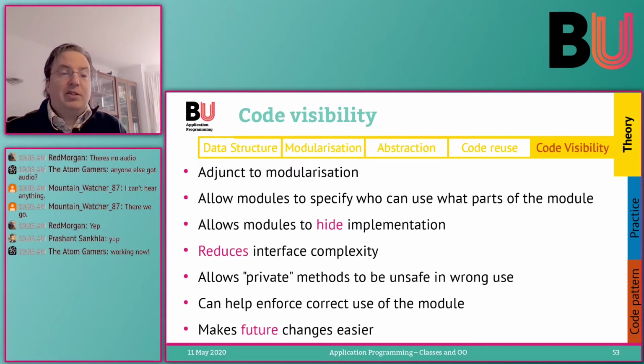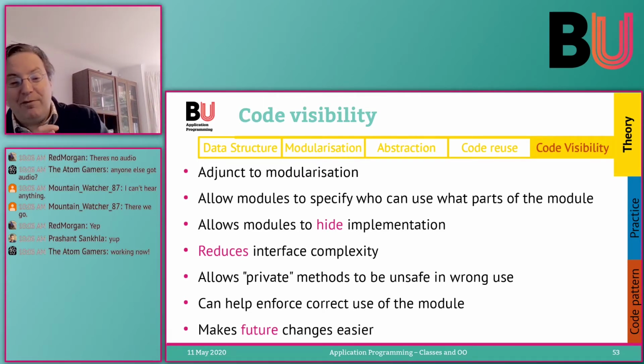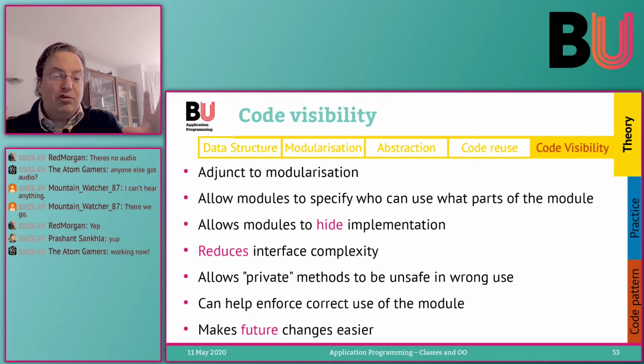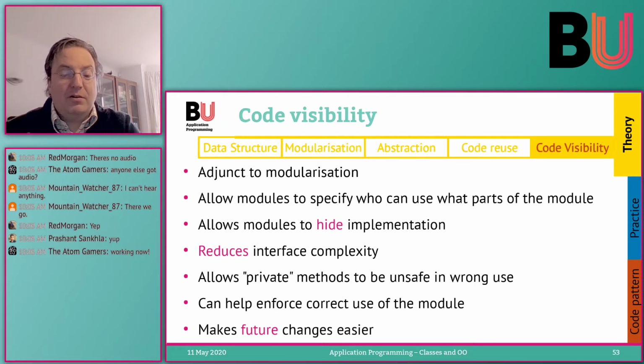And code visibility goes hand in hand again with modularization and abstraction. It allows you to say, okay, this particular code is not visible from the outside. Not only is the implementation invisible, if you create helper functions or something like that, that can be invisible too. So you reduce the complexity of the interface and allow for future changes.